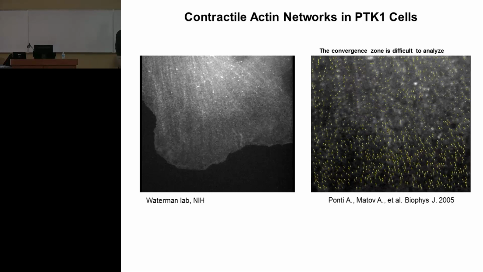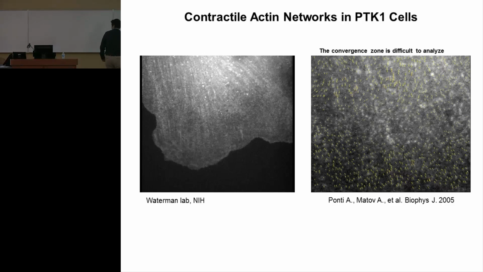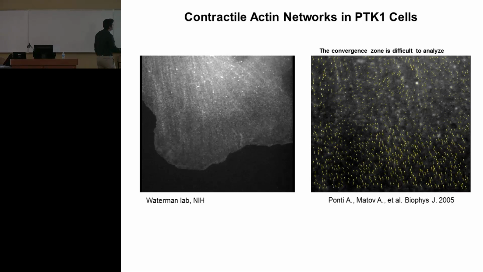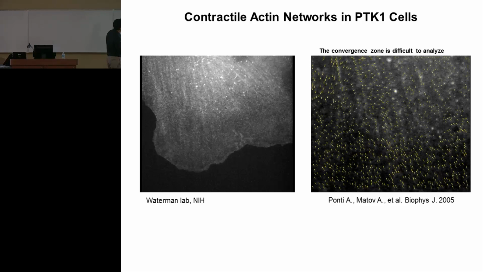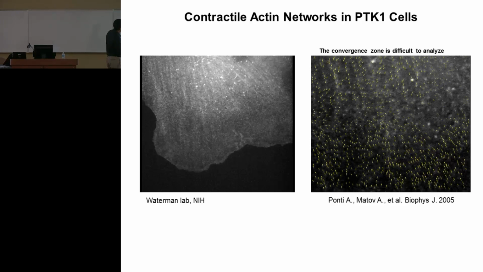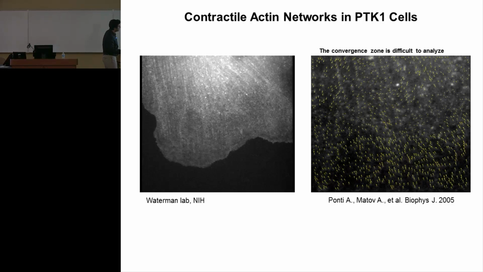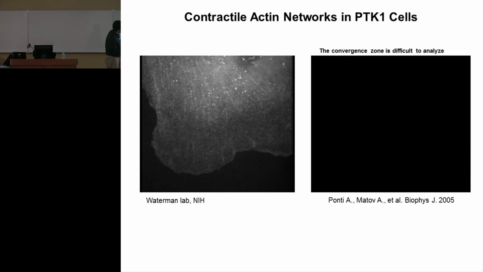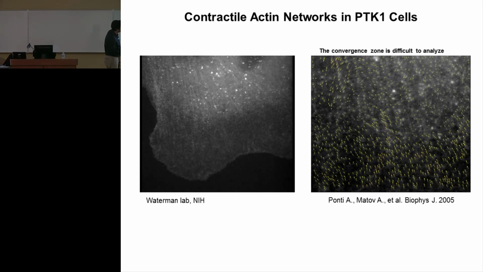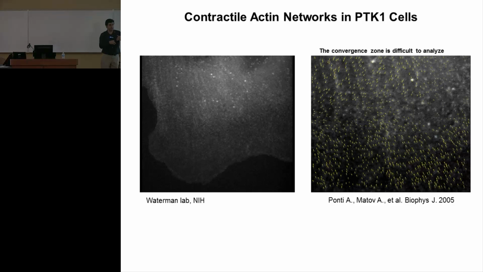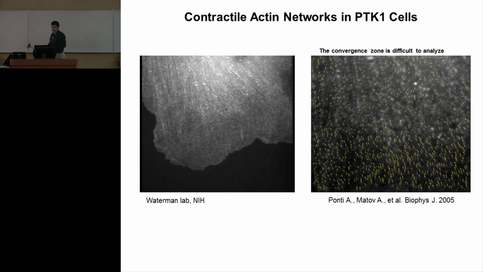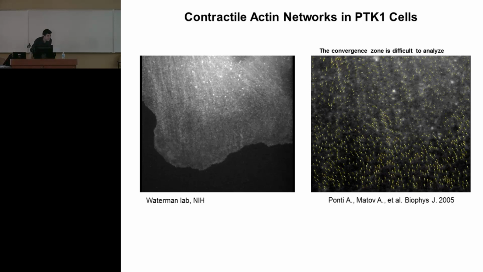I don't know if the computer is overheating, but it's getting a little bit slower. So what we have here is anti-parallel flow. We have motion retrograde up and anterograde down. And here there are yellow arrows down and up, and over here in the middle, they kind of cancel out, which is not the correct tracking.